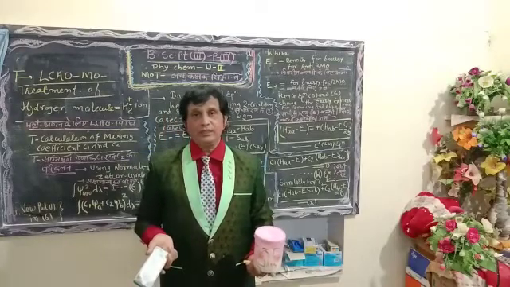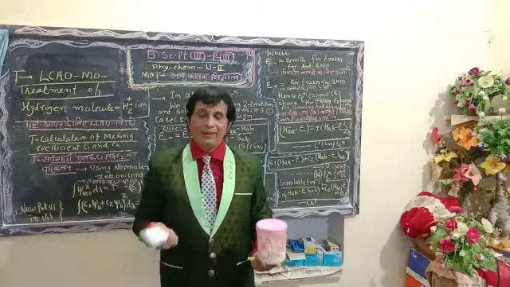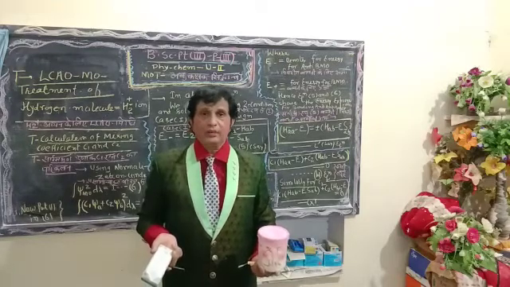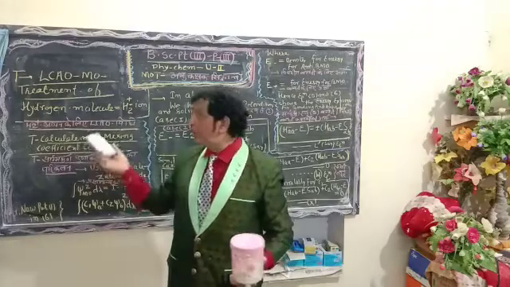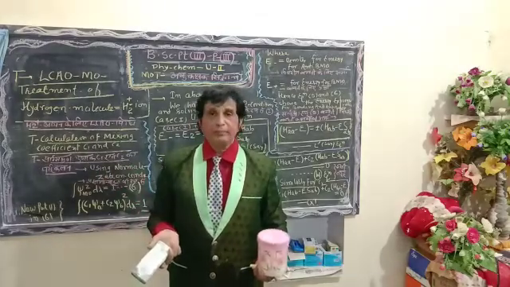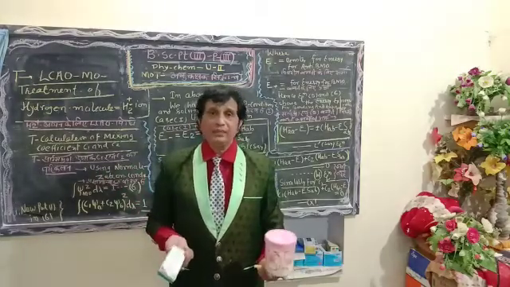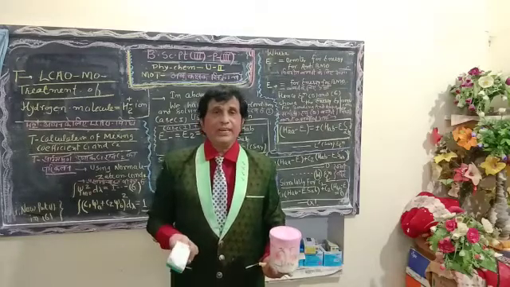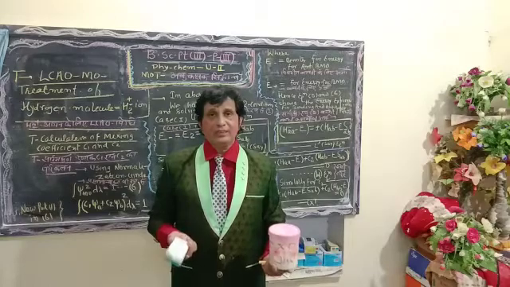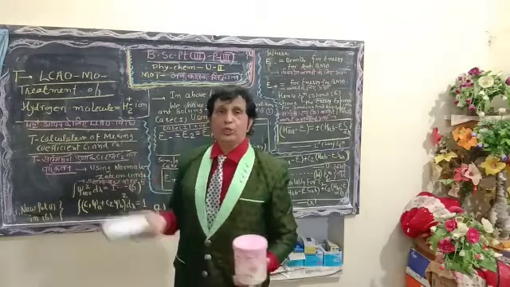Dear students, I will deliver today the lecture on the LCAO method and its treatment of the hydrogen molecule ion, which is taken from BSc Part 3, Paper 3, Physical Chemistry, selected from Unit 2, titled Molecular Orbital Theory.